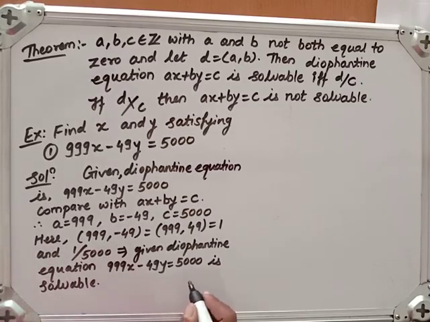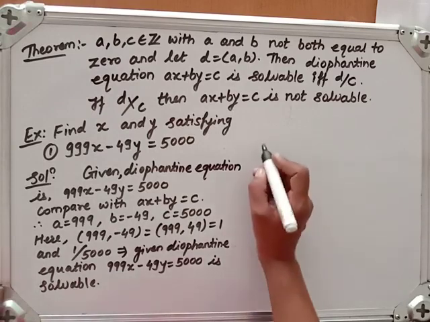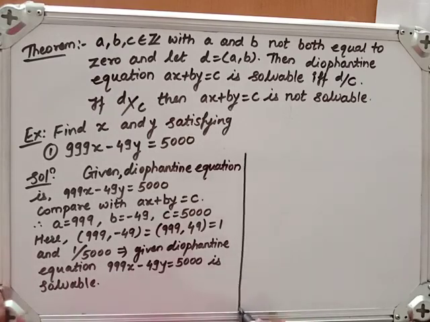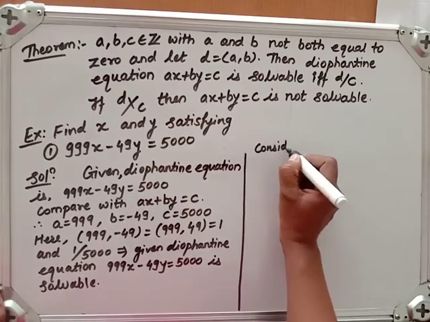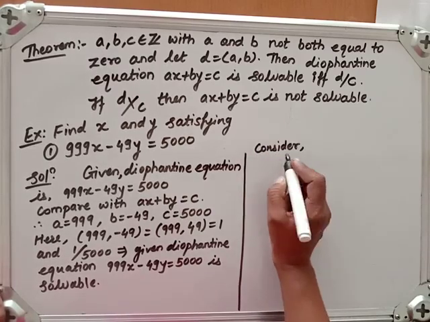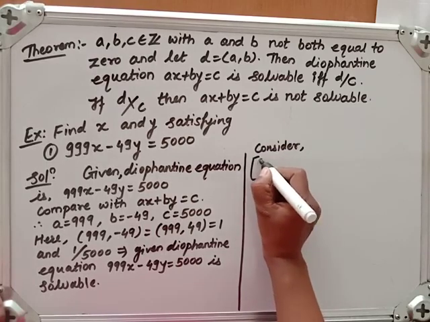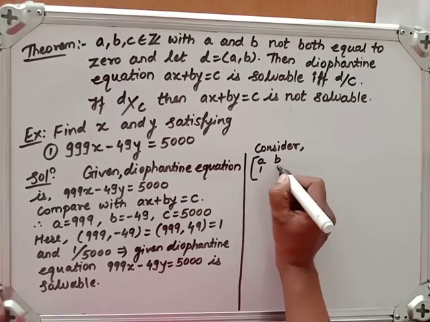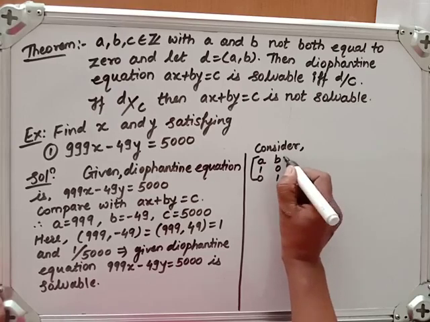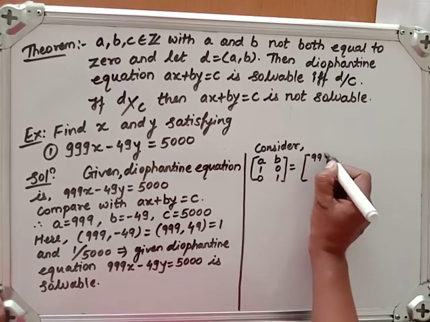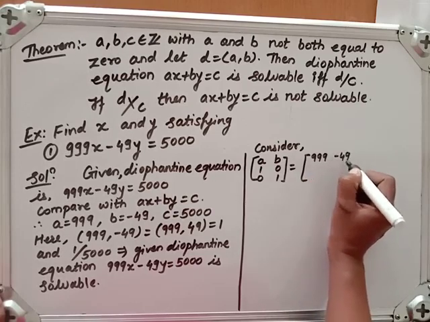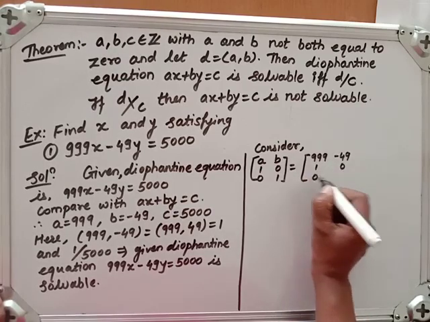Okay. Now consider a matrix A, B, 1, 0, 0, 1. So it will be 999, minus 49, 1, 0, 0, 1.